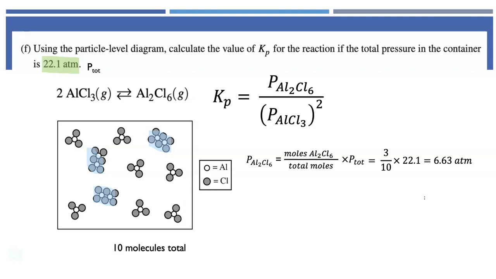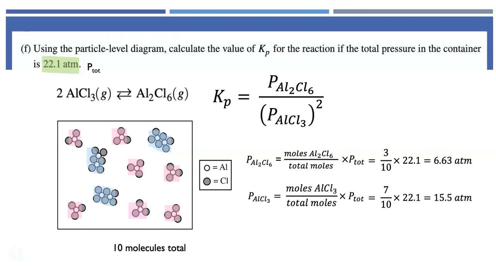The remaining 7 molecules must be the AlCl3. We're going to do the same kind of math, right? The mole fraction of the AlCl3 times the total pressure will give us the partial pressure due to AlCl3. So we've got the 7 AlCl3. If you don't believe me, you can always just count. So 0.7 times 22.1 will give me the partial pressure of the AlCl3, which is 15.5.